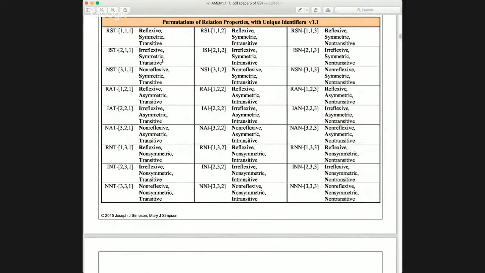One that has turned out to be very useful is asymmetric, irreflexive, and transitive, right here, number 221. So in this particular area, we have an irreflexive, asymmetric, and transitive relation.